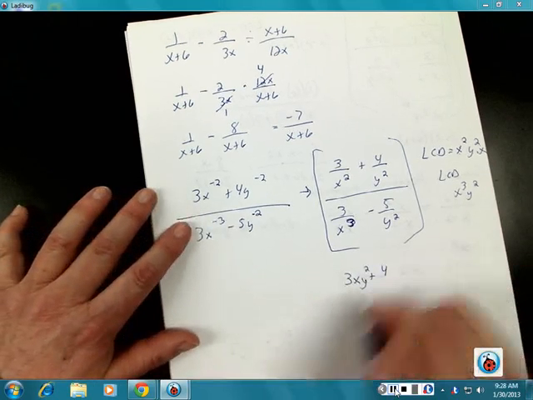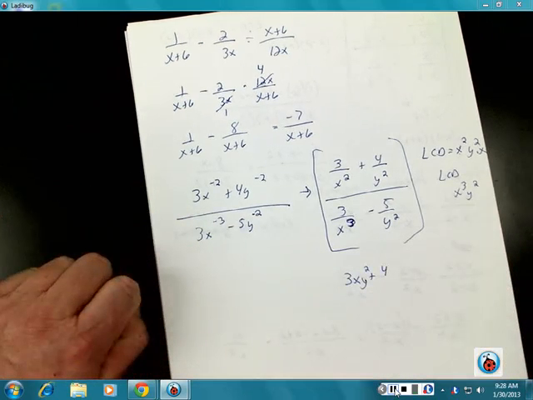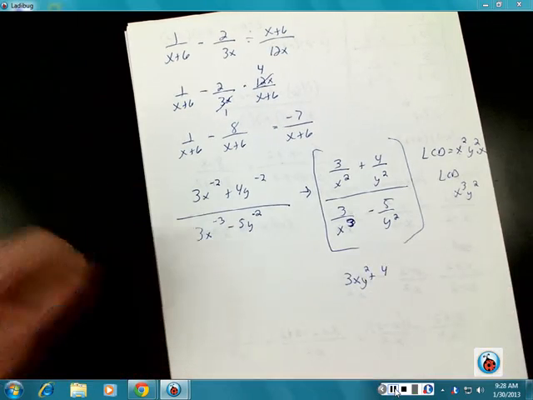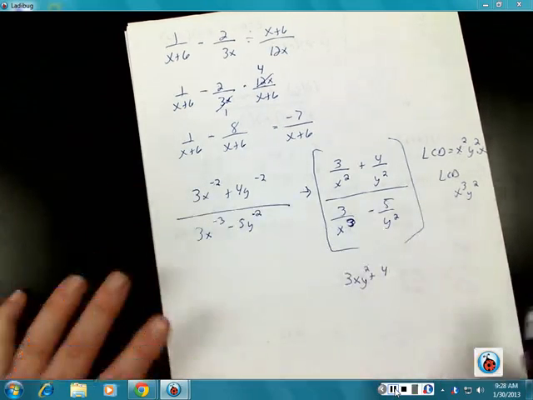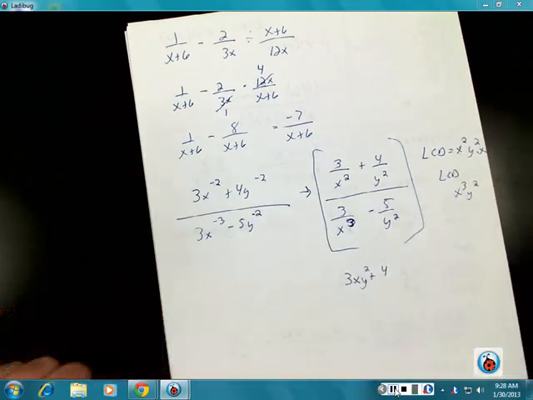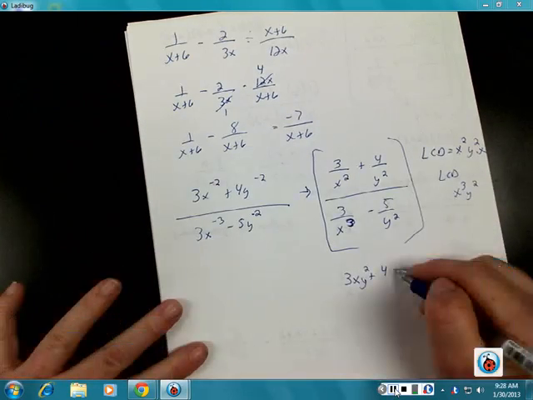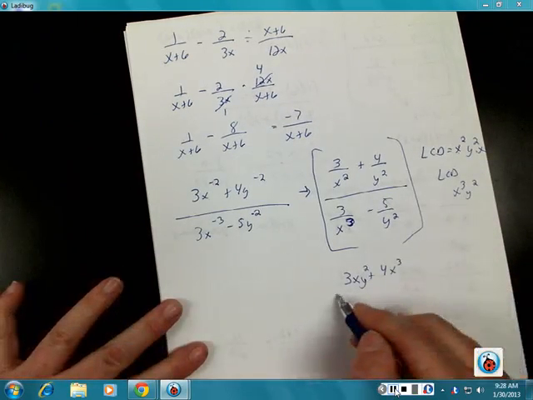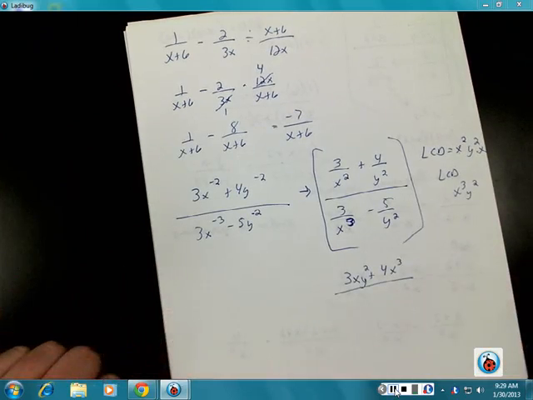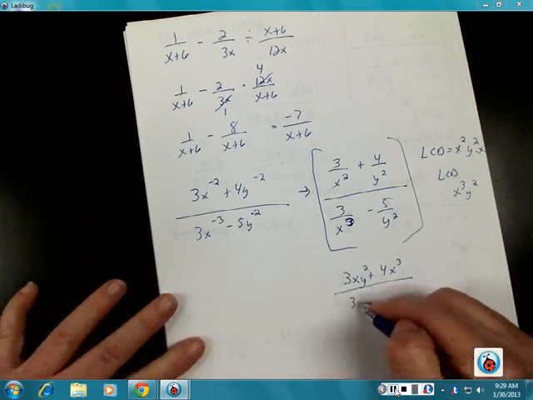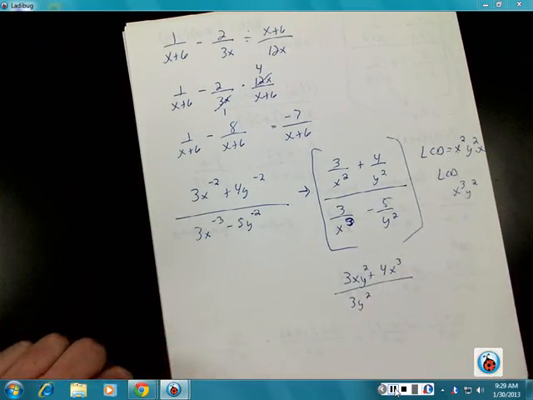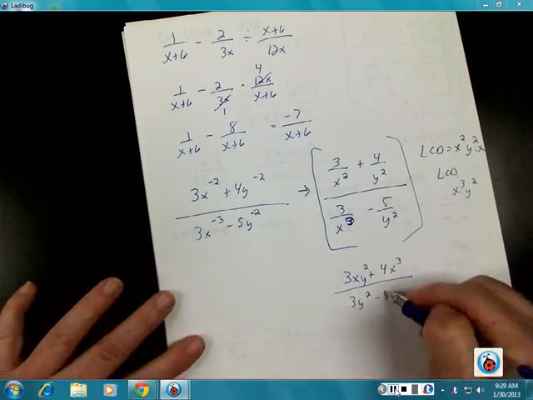Can't forget my y squared, because it catches up with you if you don't have it. So then, what does 4 get multiplied by? X cubed. And then on the bottom, what will I have? I need a 3y squared. Yep. And what does 5 get multiplied by?